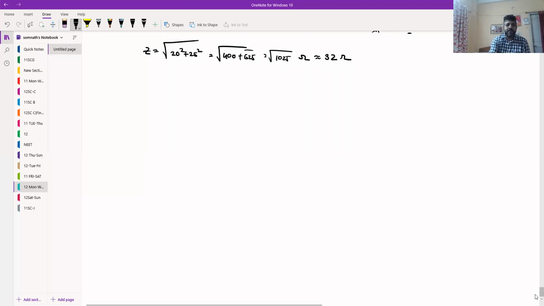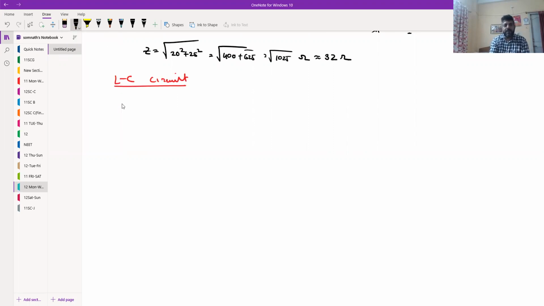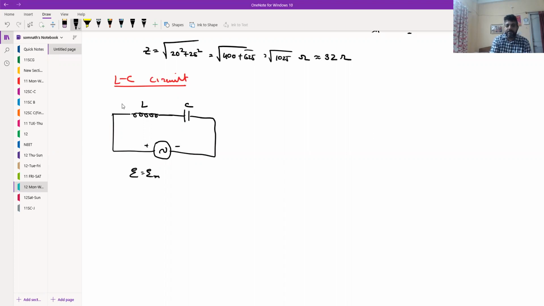Next topic is LC circuit. So what happens in an LC circuit? You have an inductor and you have a capacitor, L and C, connected with the input signal E equals EM sin omega t.